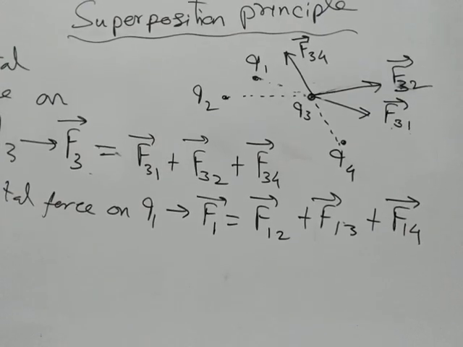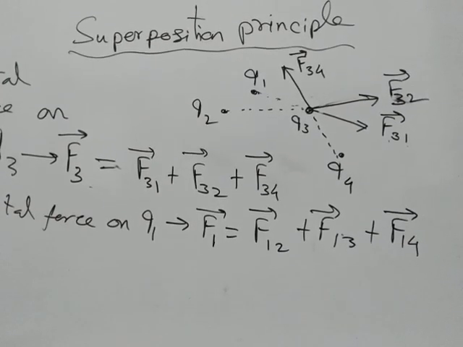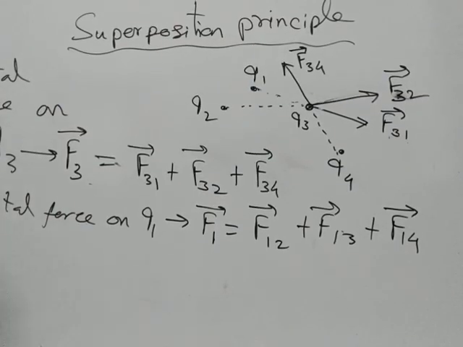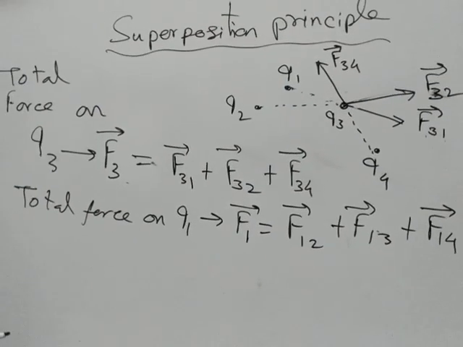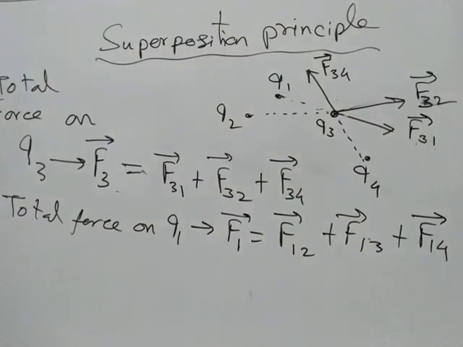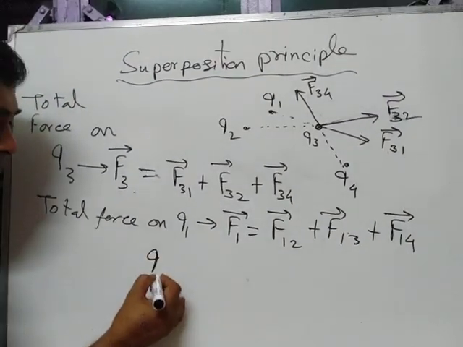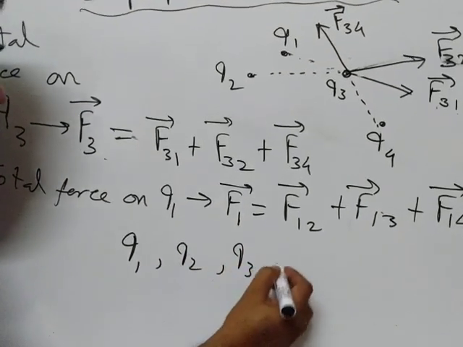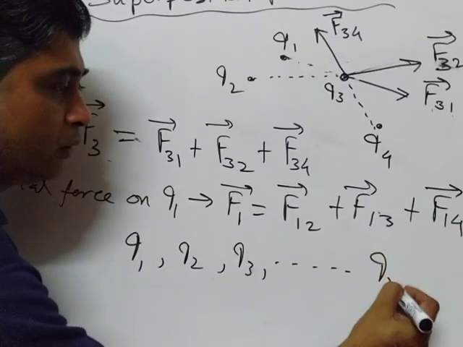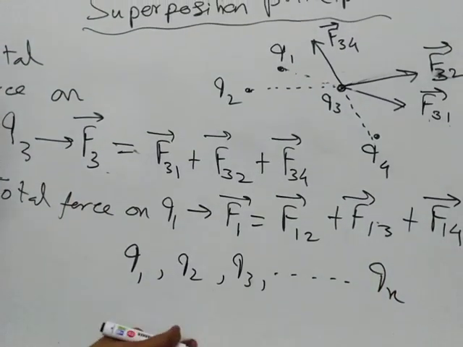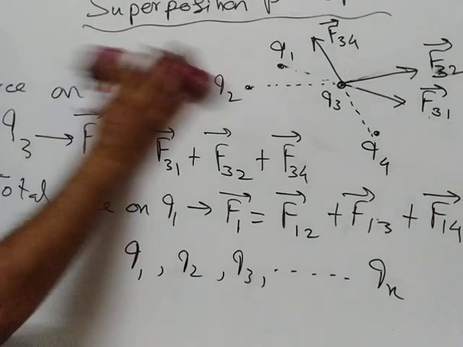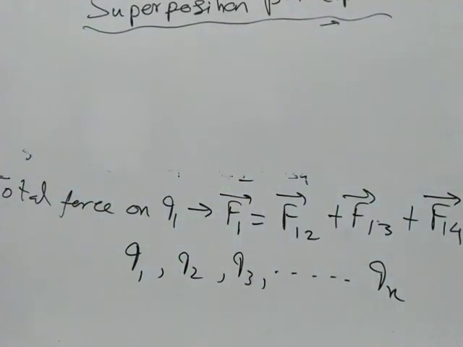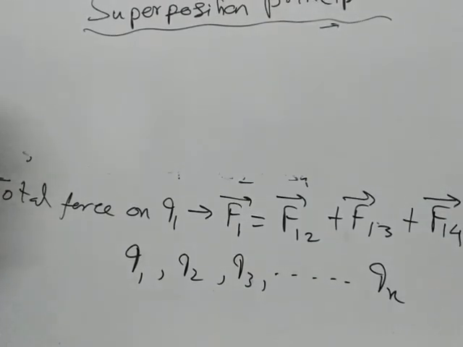In general, we may write the force on any charge i, if there be charges Q1, Q2, Q3, up to Qn. What would be the force on the ith charge?